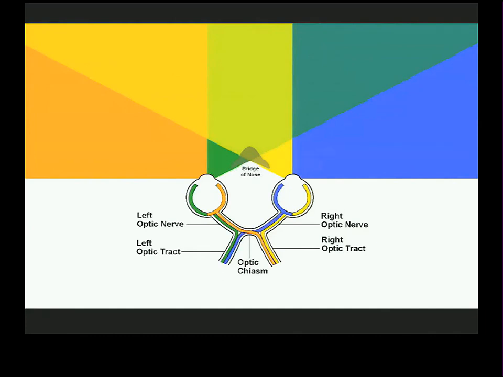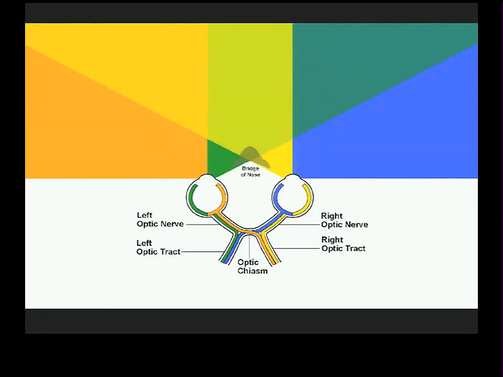On the other hand, the axons from the nasal hemiretinae of both eyes cross in the chiasm. That's what creates the chiasm. Chiasm just means a crossing point. And so the nasal hemiretina of the left eye projects into the right optic tract, and the nasal hemiretina of the right eye projects into the left optic tract.